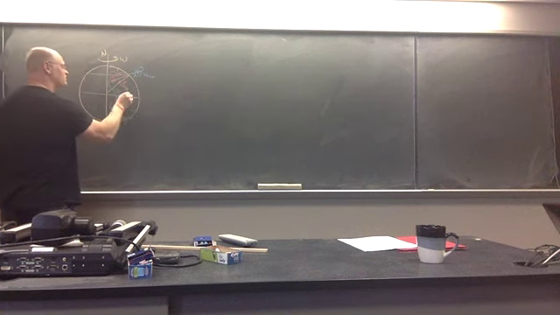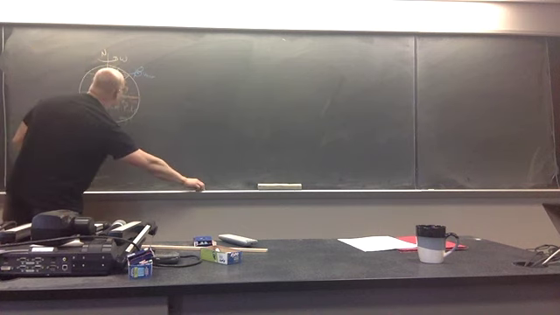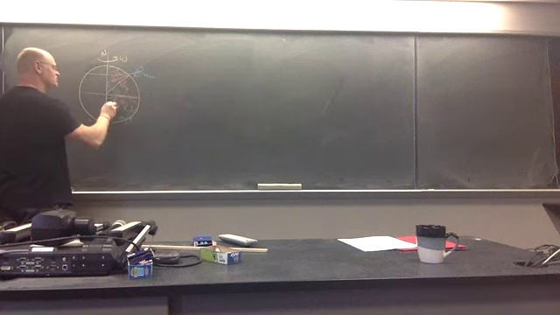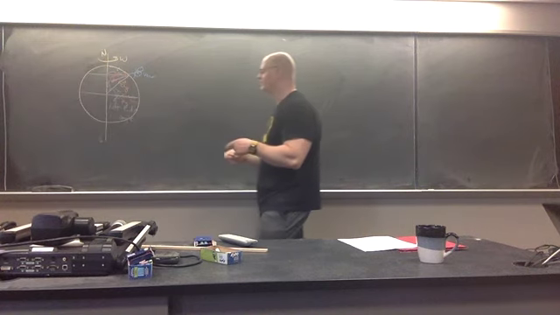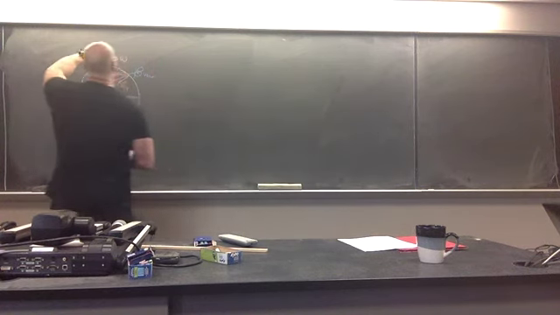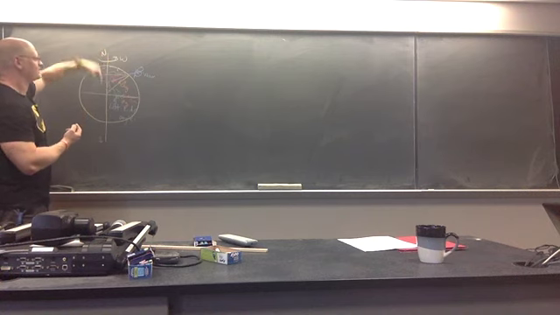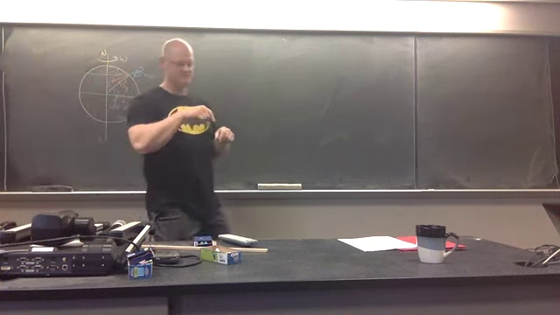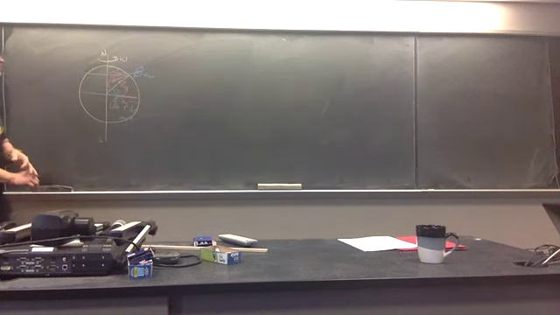That centripetal acceleration will also be towards the center, which means that these two summed together would give me a total local acceleration g, which would point towards the center, which would give me a larger acceleration on the equator than it would, say, at the poles, because at the poles, when you're sitting up here, you're not rotating at all, which means that you have no centripetal acceleration, so you're only feeling acceleration towards the center of the Earth. So whenever this thing is rotating, we also have to take into effect that it has a centripetal acceleration towards the center as well, which is actually going to cause the local gravity to be different.